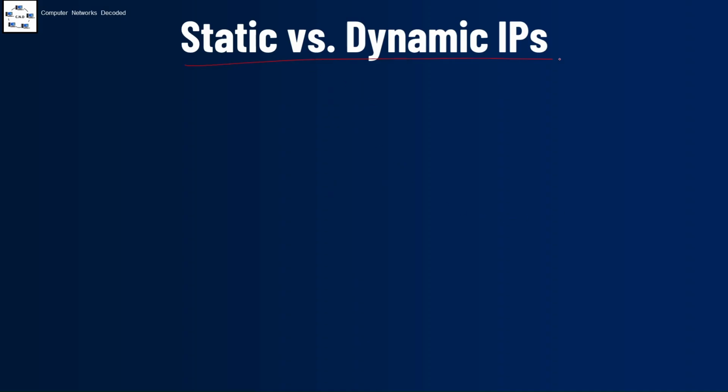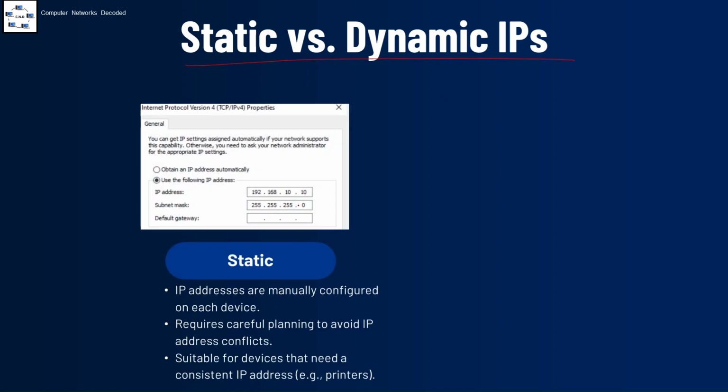Another concept is static and dynamic IP addresses. Static is when you manually assign an IP address to your device. These IP addresses are manually configured on each device, and they require careful planning to avoid IP address conflicts. This means that you should carefully plan so that you don't assign the same IP address to multiple devices.